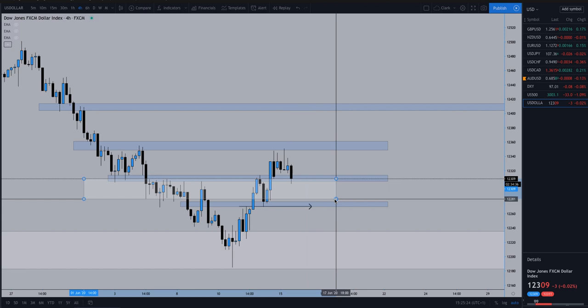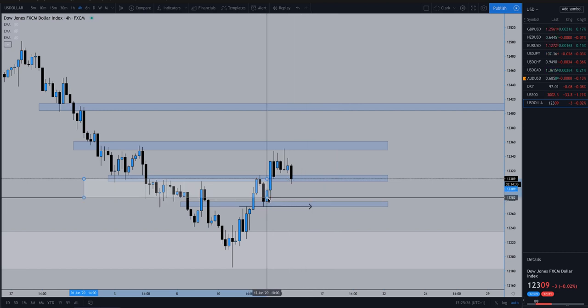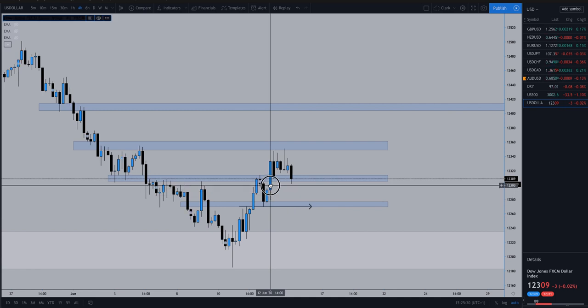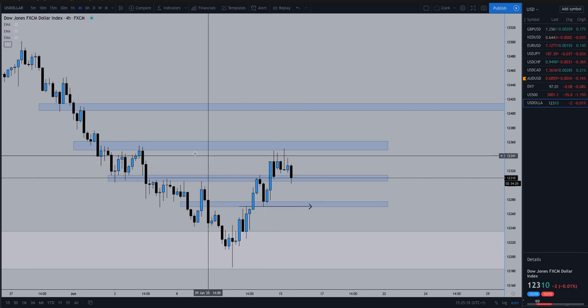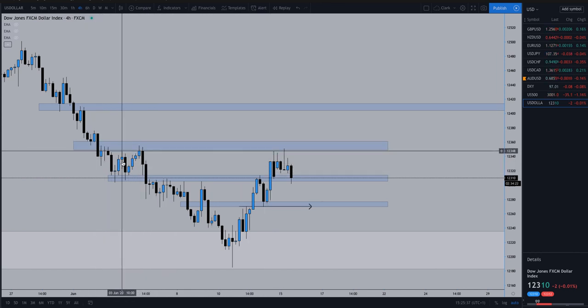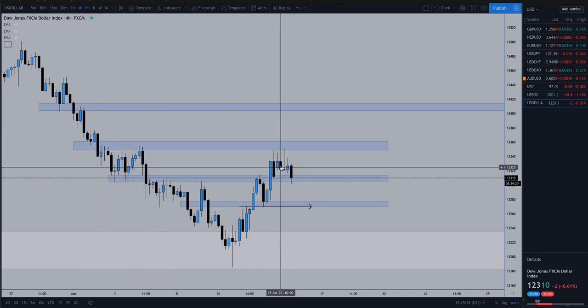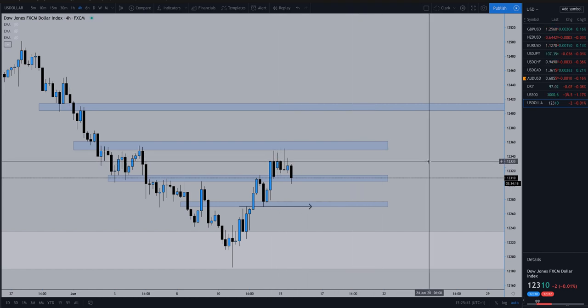We need to break that structure, and we did. Retraced here, and then this candle, shooting star, took us all the way through that zone into the next structure, okay? Rejected, rejected. Look at that. Solid rejections there on the 4 hour. It does not want to go past that level.